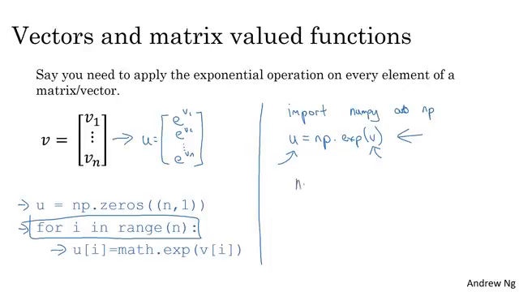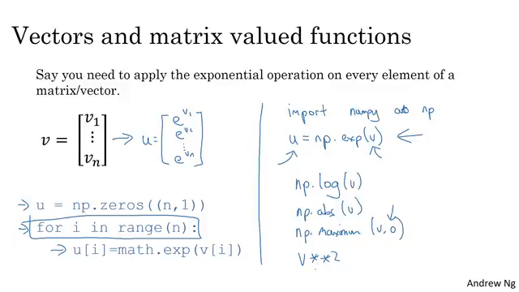In fact, the NumPy library has many other vector-valued functions. np.log(v) will compute the element-wise log, np.abs computes the absolute value, np.maximum computes the element-wise maximum, so you can take the max of every element of v with 0. v**2 takes the element-wise square of each element of v, 1/v takes the element-wise inverse, and so on.